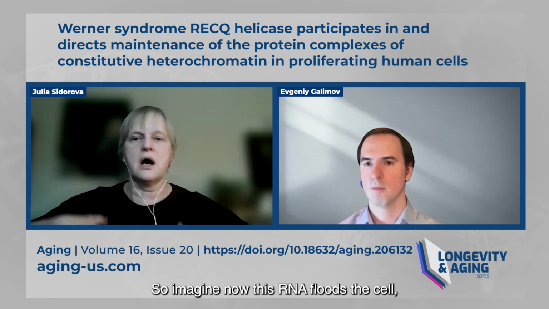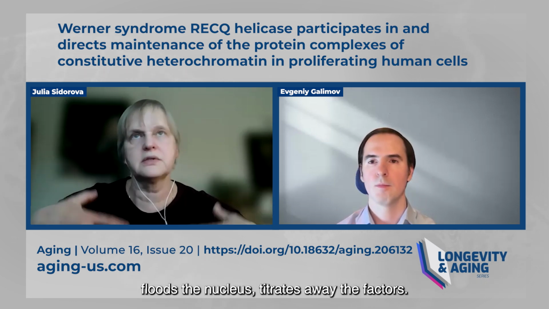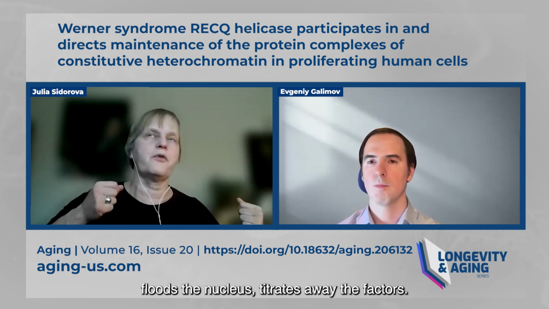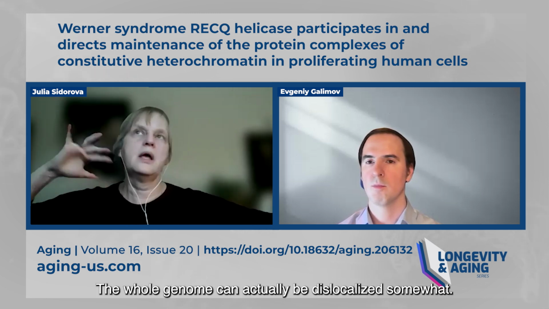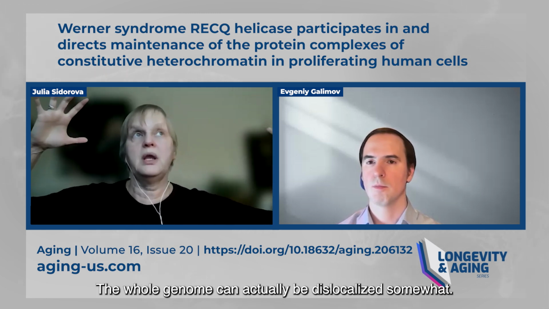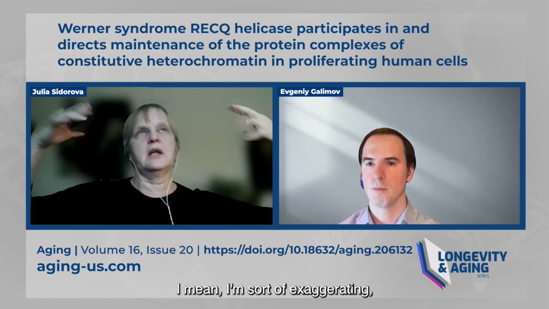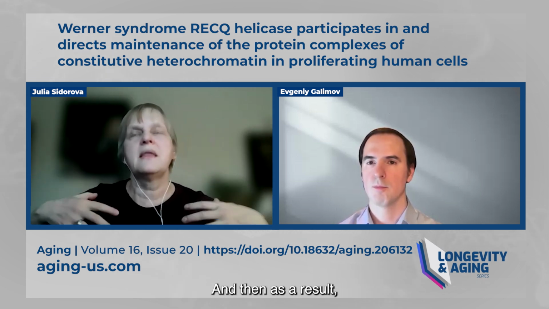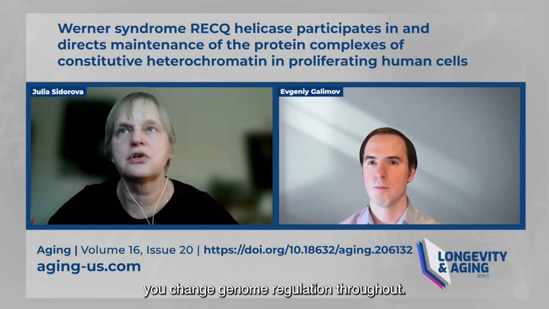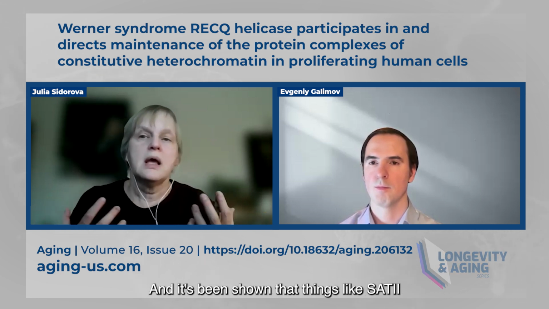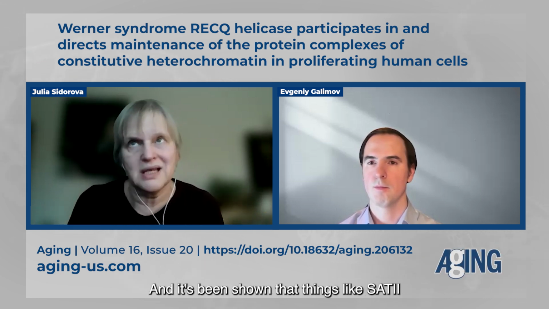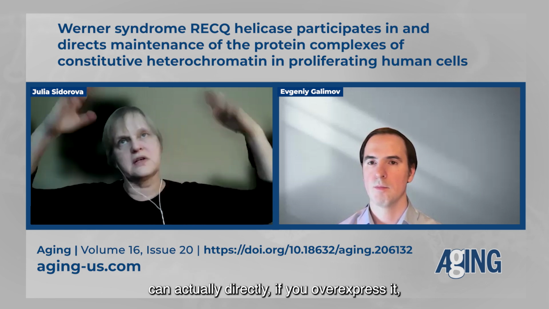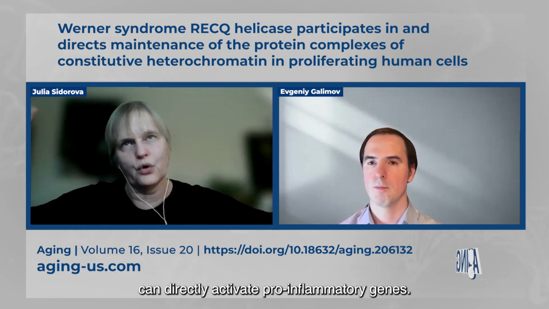So imagine this RNA floods the cell, floods the nucleus, titrates away the factors. The whole genome can actually be dislocalized somewhat. I'm exaggerating, but that's really the idea. As a result, you change genome regulation throughout. And it's been shown that things like SAT2 in particular, if you overexpress it, can directly activate pro-inflammatory genes.